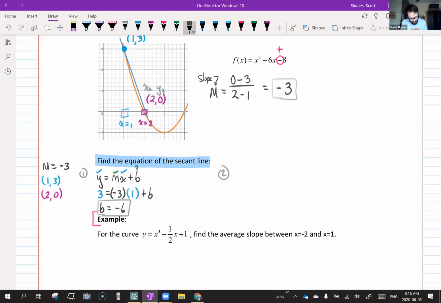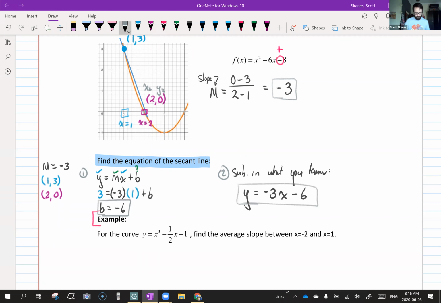Second step, just fill it in, substitute in what you know. So y is general, slope is -3, x minus 6. And we're done. Okay, that's our answer here, -3x minus 6.